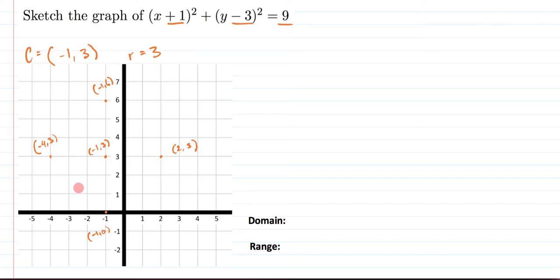I can't yet draw it because I need to know what my intercepts will be. What will these be? So I would write, they're my y-intercepts. To find my y-intercepts, I'm going to let x equal 0. So I get my equation, and I'm going to put 0 into my x spot, squared plus y minus 3 squared equals 9.